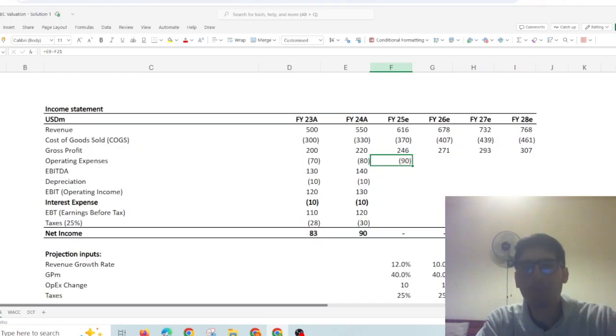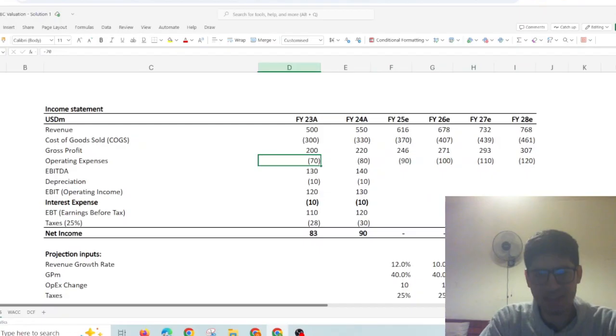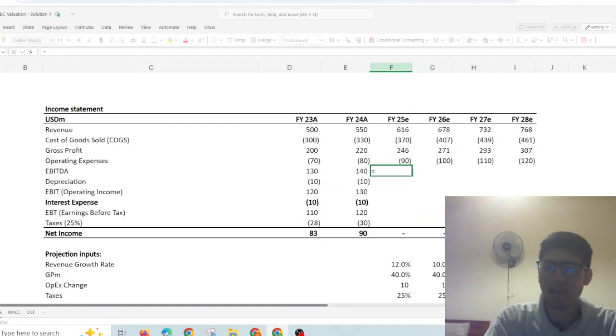So I'm paying $10 million more. I'm expensing $10 million more. And let me scroll. As you can see, it was 70, 80, 90, 100, 110, 120. As you can see, guys, here the OPEX change, operating expense change, they are increasing by $10 million.